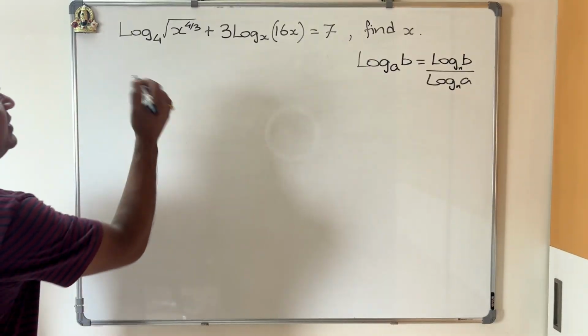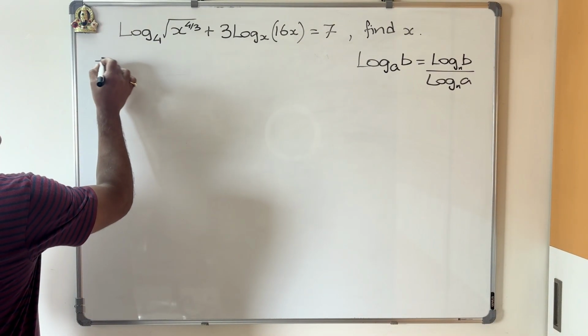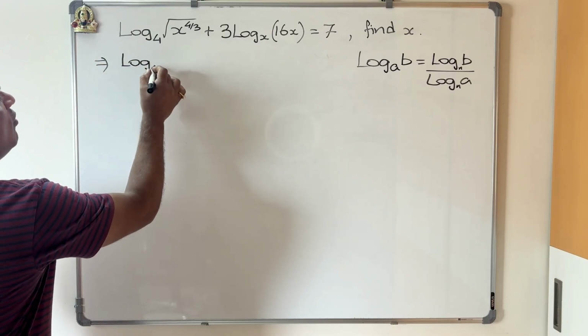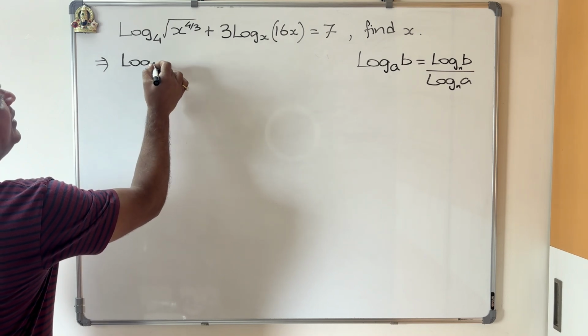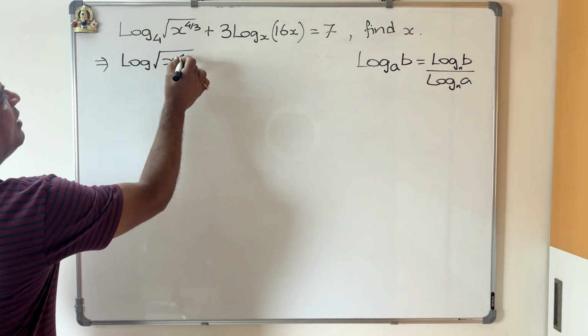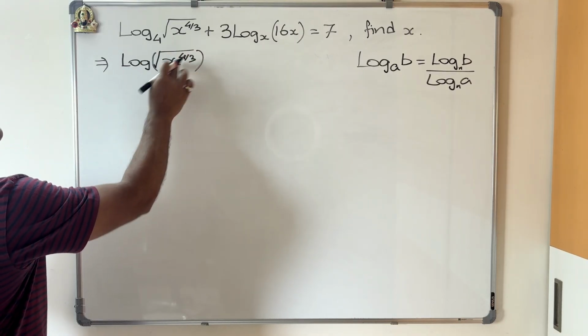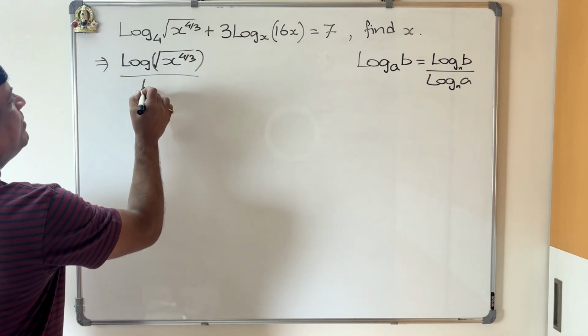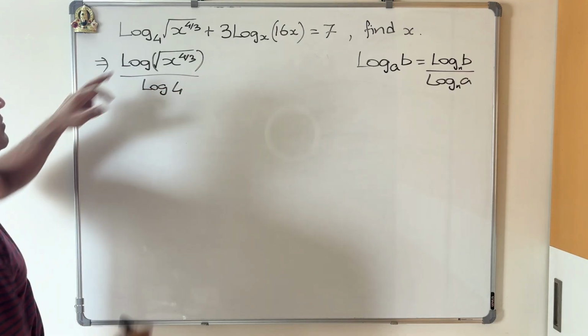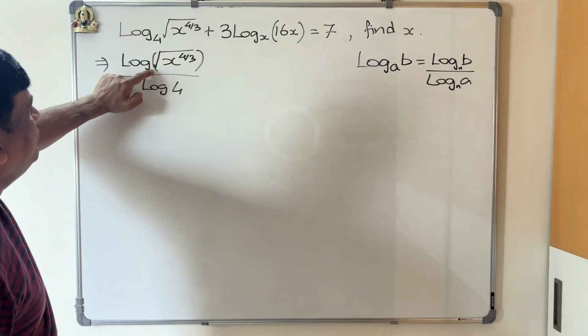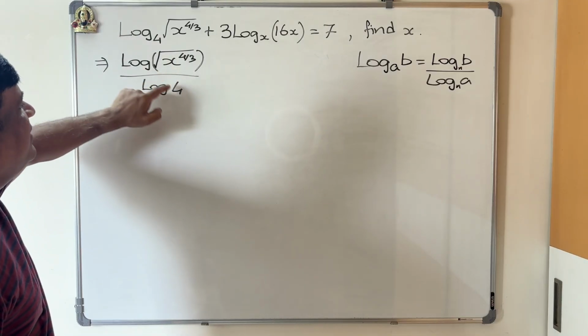So first and foremost, let's get started. I'm going to write this as log of x to the power 4 under root, that is x to the power 4 by 3, divided by log 4. See what I did? That base has come down over here. Now this log and this log will have the same base.